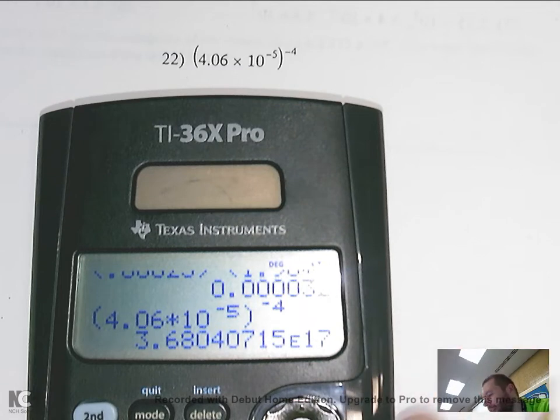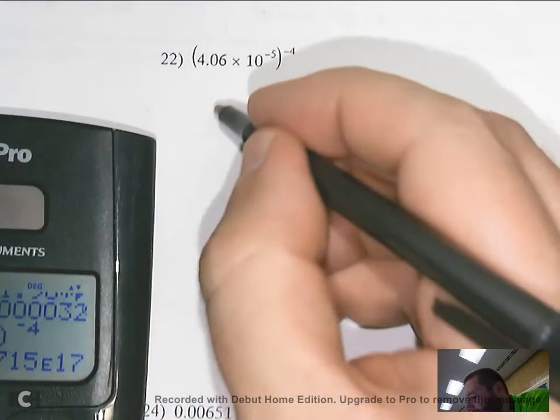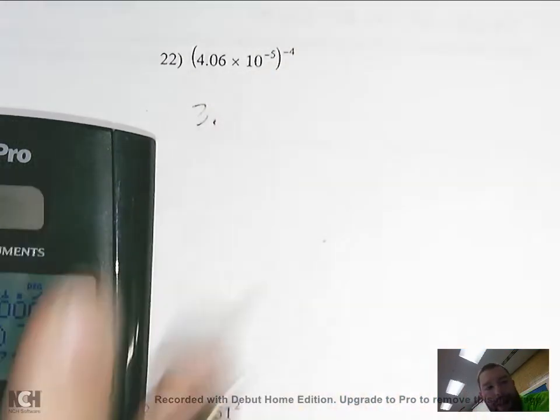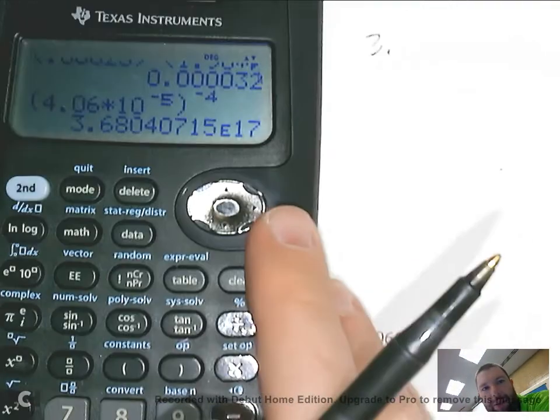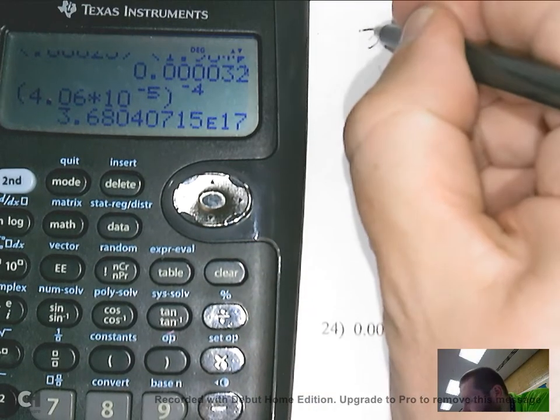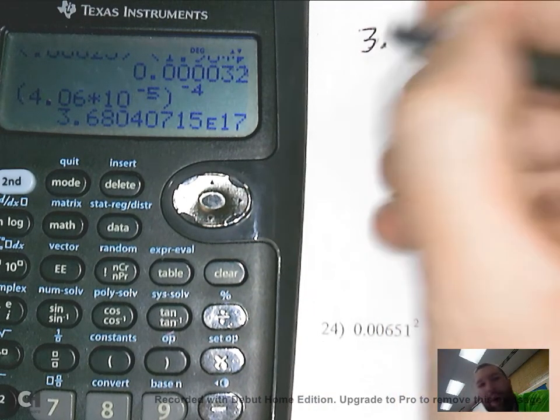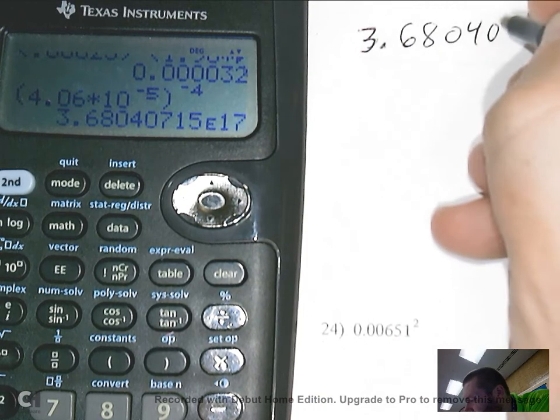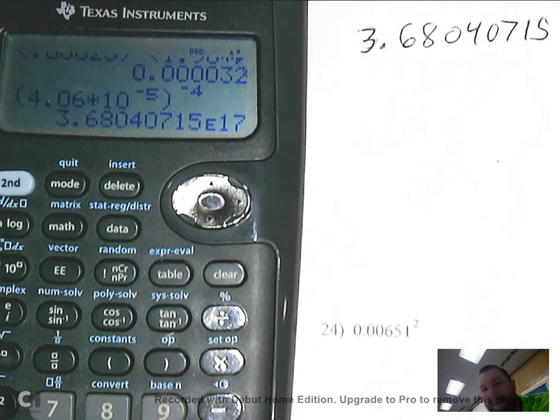So to write this down, the correct answer would be 3 point, and I've got to write everything on my calculator. 3.680400715.